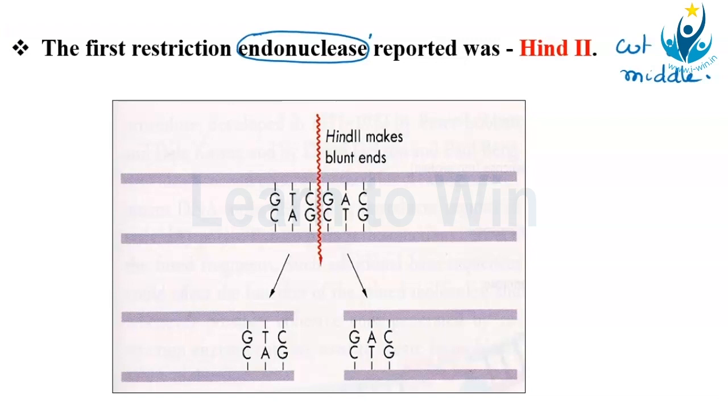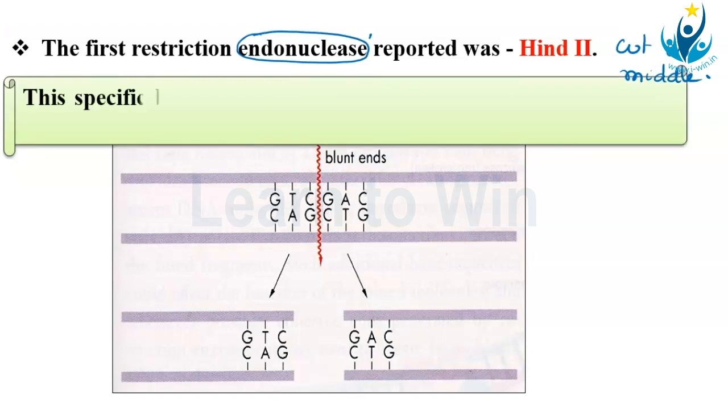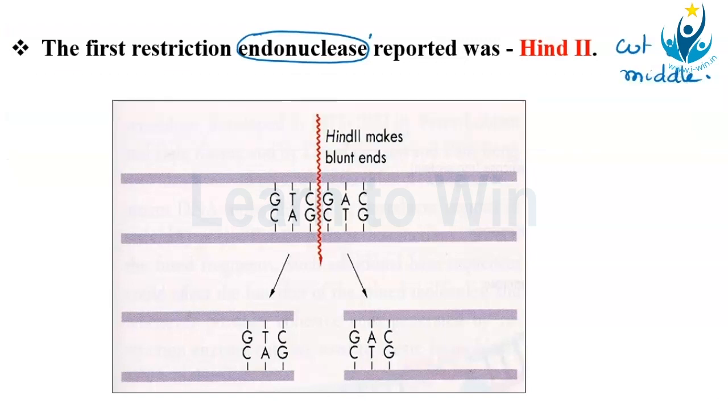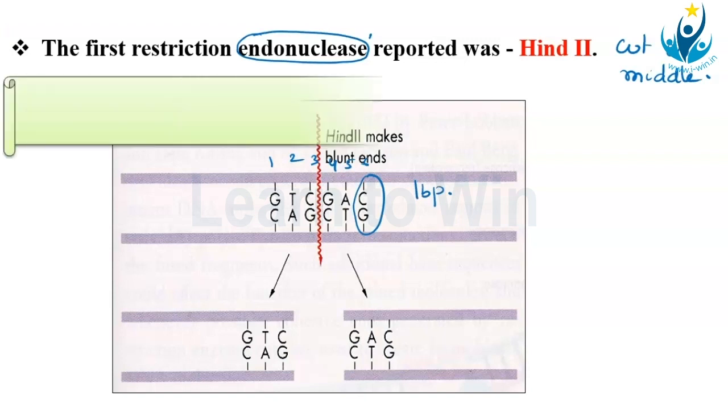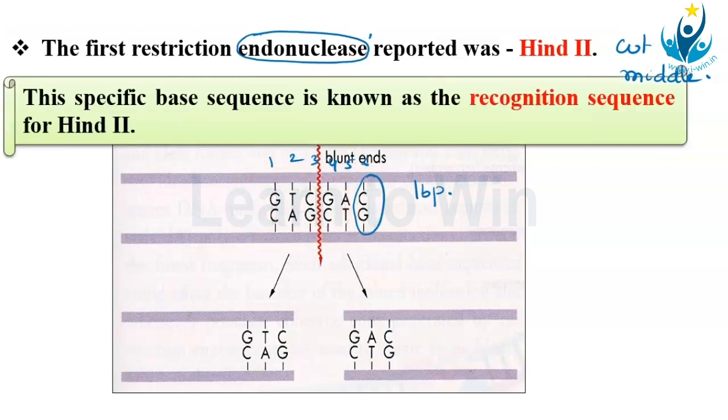It has some specificity. Hind2 specifically recognizes a particular area, which is made up of 6 base pairs. Let us count it: 1, 2, 3, 4, 5, 6, right? So it recognizes this 6 base pair region and makes the cut there. That 6 base pair region is called the recognition site.